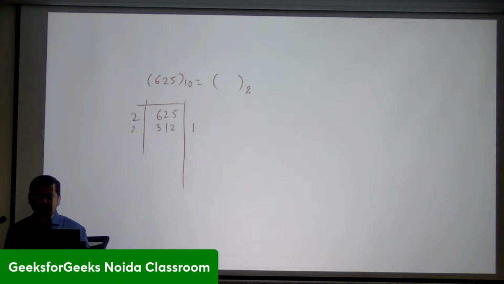Then 2 1s are 2, 5, 2 6s, remainder is 0. 2 7s are 2, 8, remainder is 0. 2 3s are 2, 9 is 18, remainder is 0. 1 is and 9 is, remainder is 1 over here.